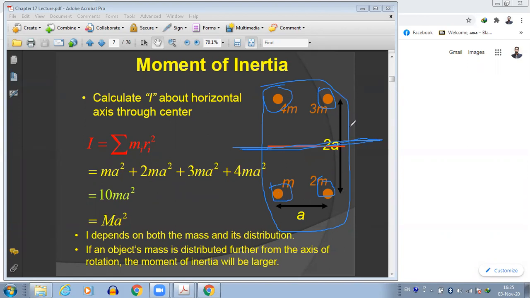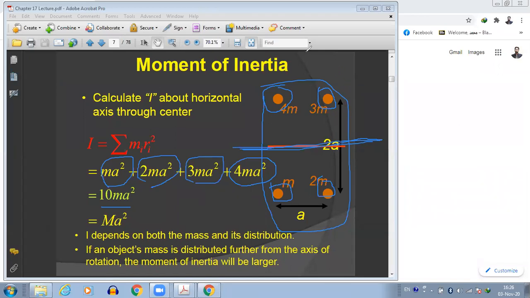If this length is 2a and this length is a, then this mass multiplied by the radius a squared gives m a squared plus 2m a squared plus 3m a squared plus 4m a squared. If you sum up all, it will be 10 m a squared. Let's call this capital M a squared.